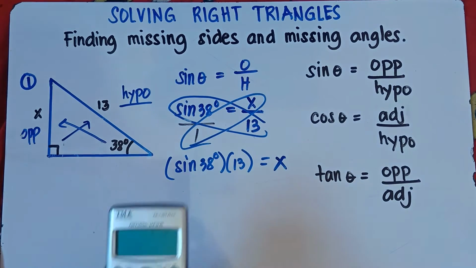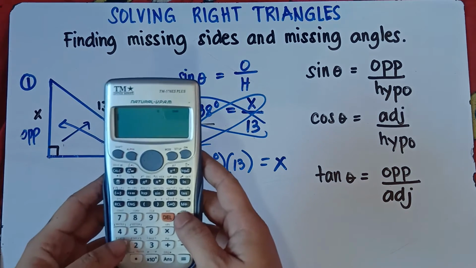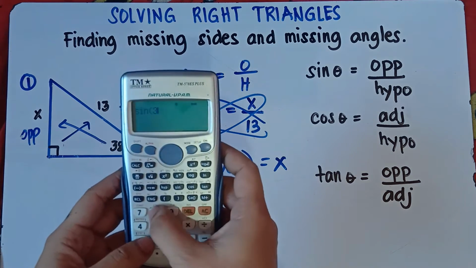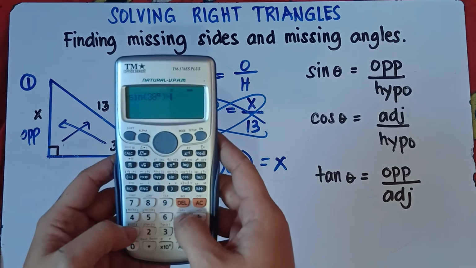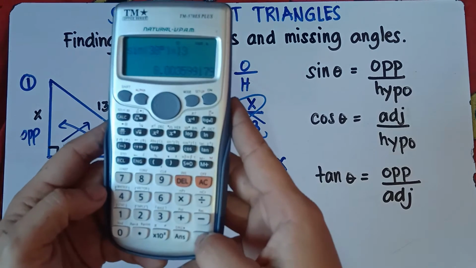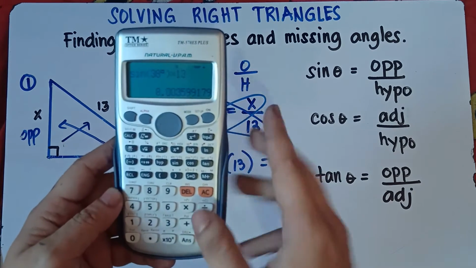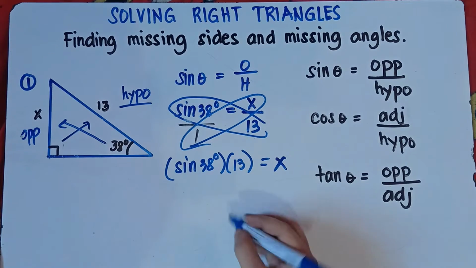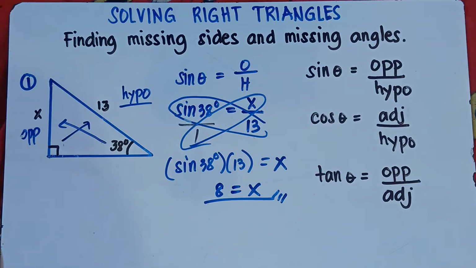You can use the calculator: sine 38 degrees times 13. And you will get the answer, 8.003, or we can round it up to 8. So therefore, x is equal to 8. That's the answer for number 1. Easy, right?